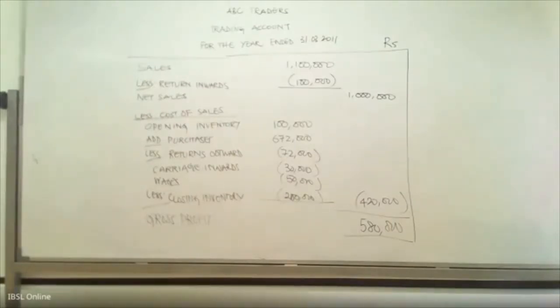So how you arrive at the gross profit is, you first calculate the net sales, that is sales of 1.1 million, and a return inwards of 100,000 is there. So when you deduct that, you will have 1 million as your net sales. From these net sales, you have to take out the cost of sales.